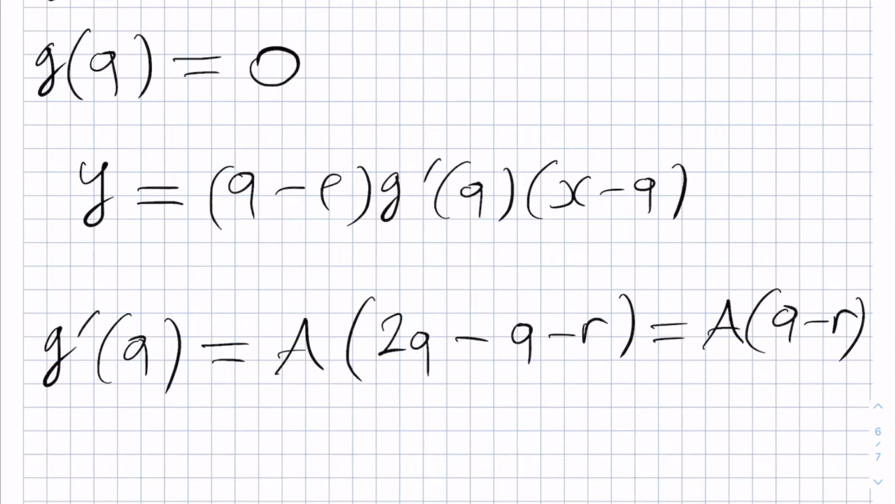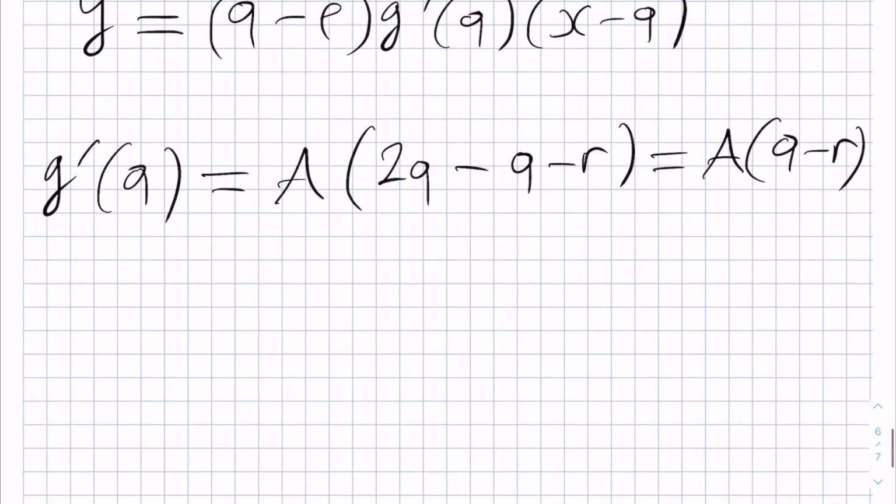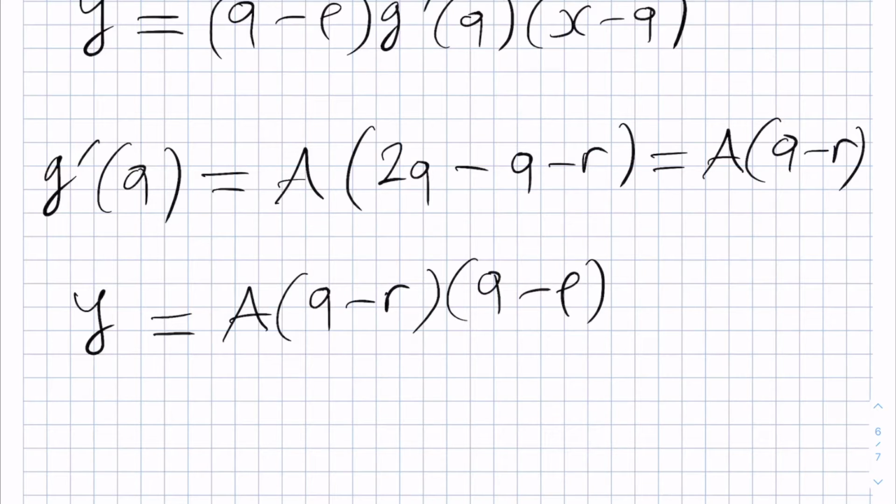So putting this into here, we get that the tangent to C at the point x equals q has equation y equals a times q minus r times q minus p times x minus q.